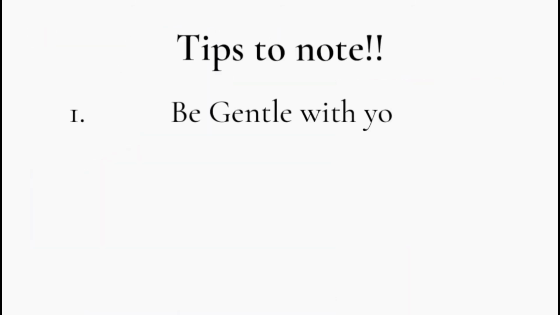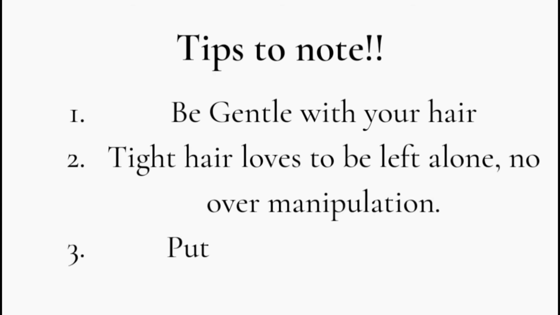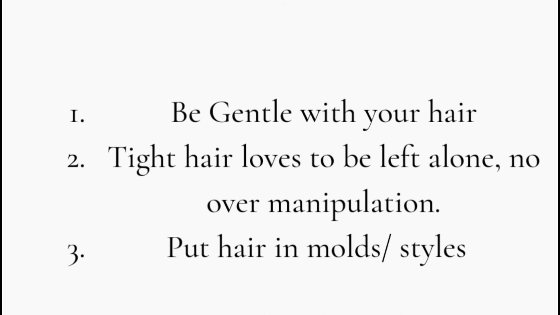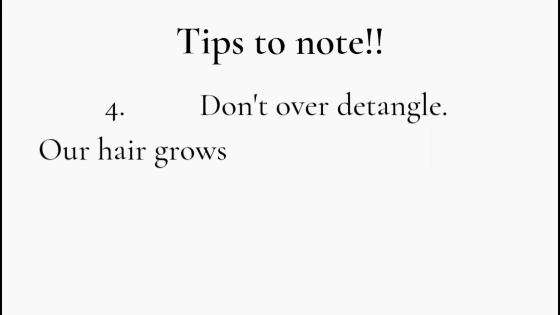So in general, you just want to be gentle with your hair. Now, if you have tight or coarse textured hair, it is important that you do not over manipulate your hair because this hair type just likes to be left alone and put in molds.